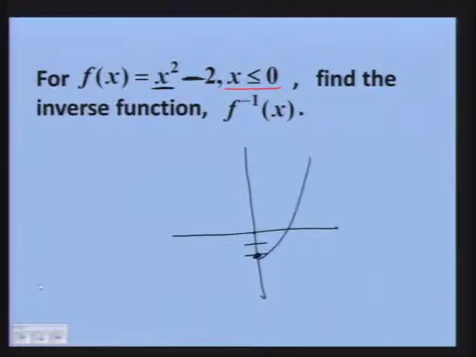And a parabola is U-shaped, isn't it? So why do they want me only to use half of it? They want me to use the half where x's are negative or 0. So this is what they're wanting me to use right here, and pretend that this other half was never even there.